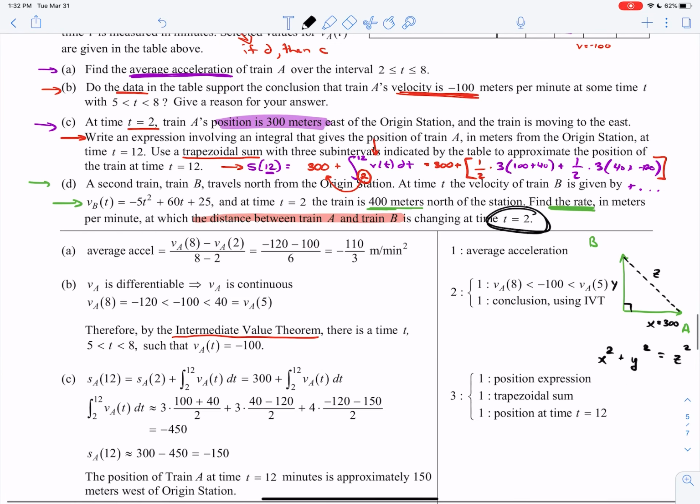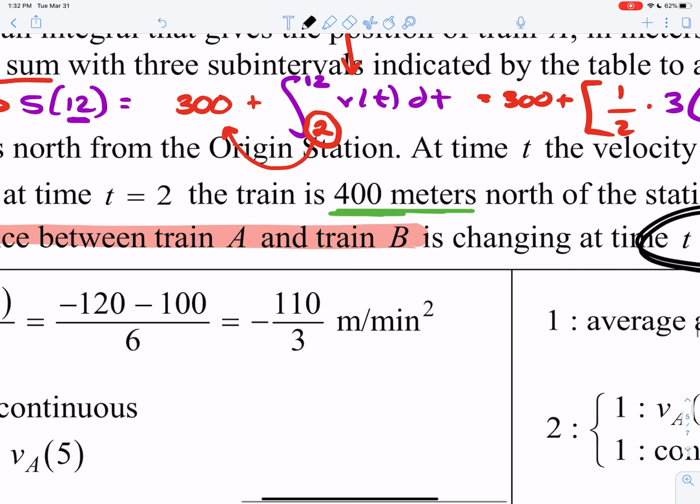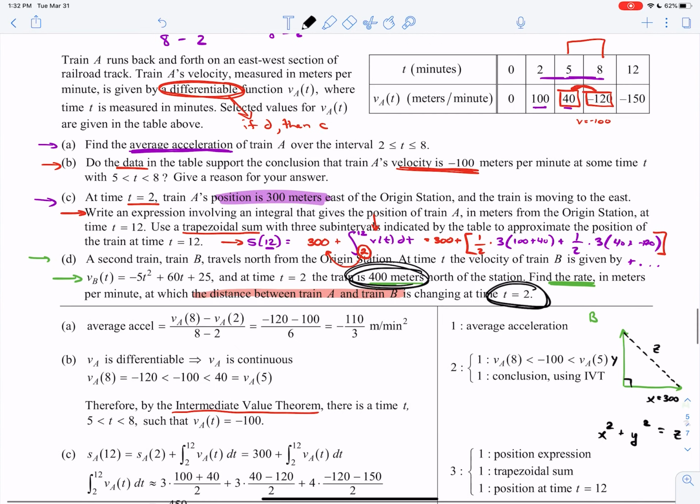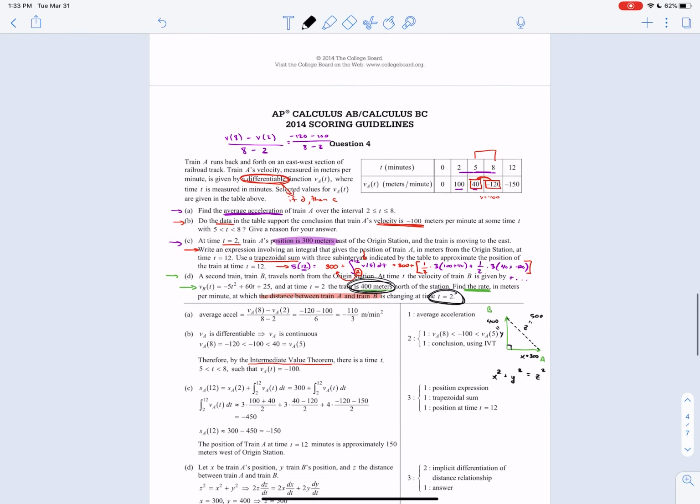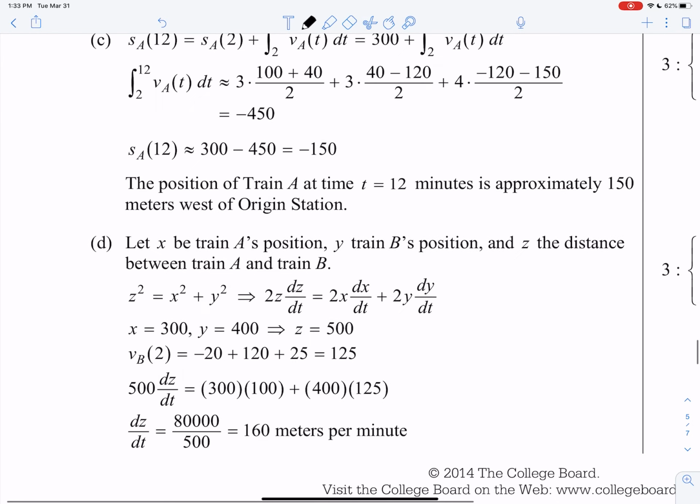To find y, you can plug in t equals 2 here, or they tell you right there: train B is 400 meters. The last one is finding out what z is. You could use the Pythagorean theorem to find that z comes out to 500. If we plug all those in, we'll have those values.